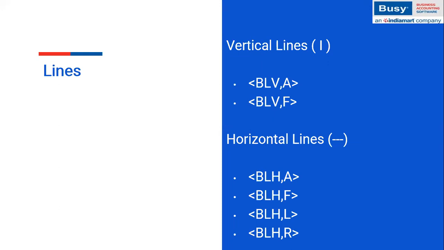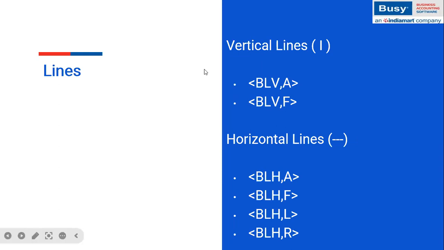If I call BLHL, it will print the line from the left. Instead of L, if I configure R, L means left and R means right. If I configure BLHR, it will print the horizontal line on the right-hand side.